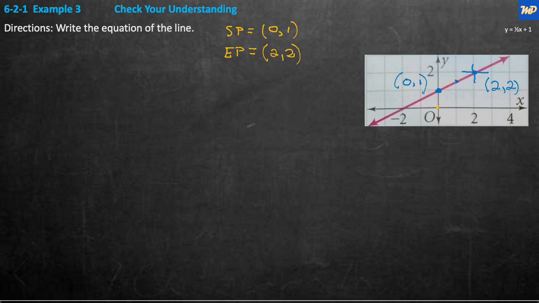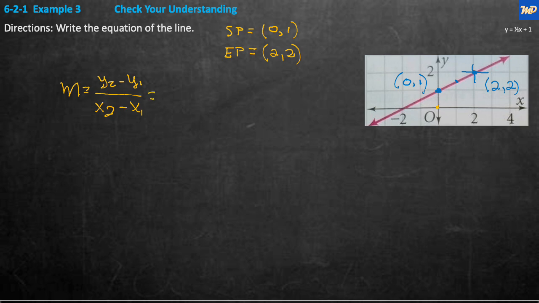And now that you know that, you can use the formula for the slope. M is equal to y2, the ending point, minus y1, the starting y point, divided by x2, the ending x point, minus x1, the starting x point.